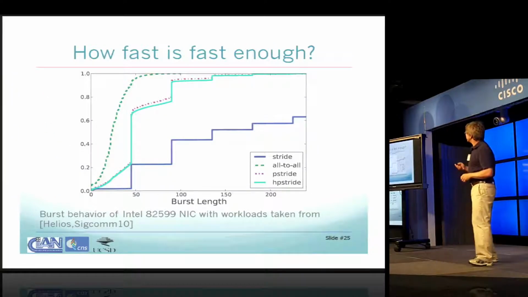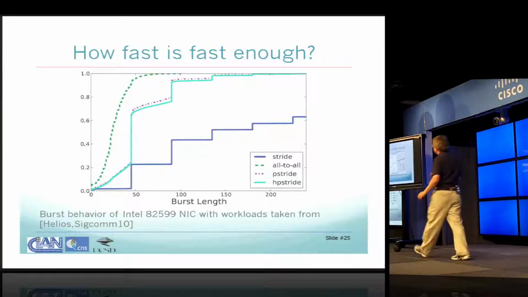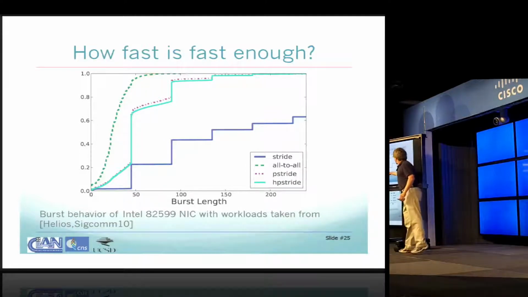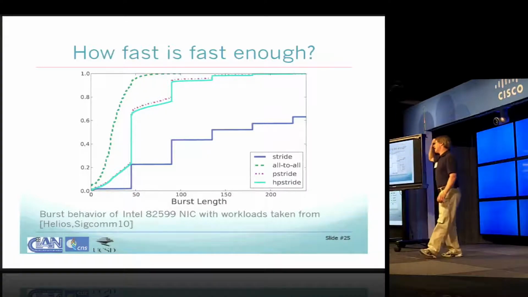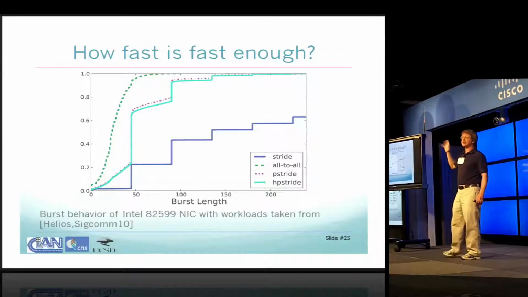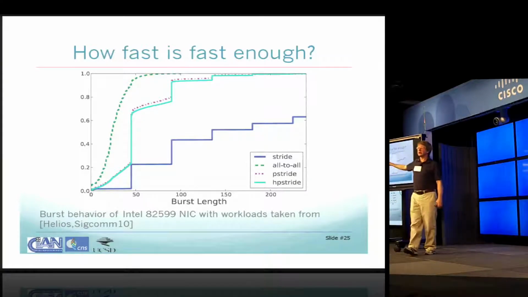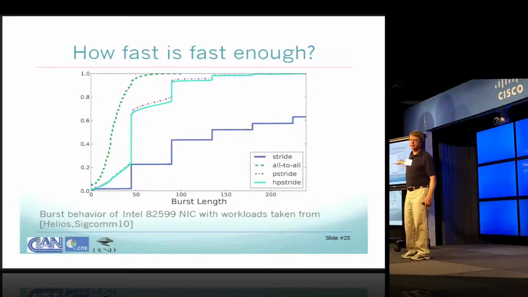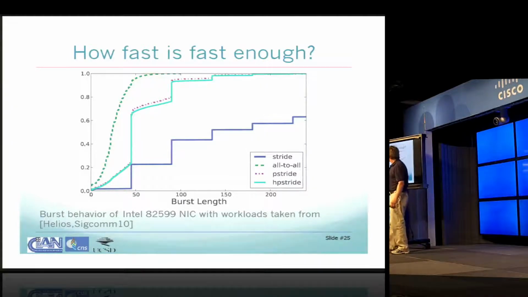So let's first look at how fast is fast enough. This curve is showing the burst length. If you want to translate it into microseconds, we're running 1,500 byte MTUs at 10 gigabits per second. That's about 1.2 microseconds, so if you multiply this out by 1.2, you'd get the x-axis in microseconds. But using a burst length in terms of packets, it's independent.